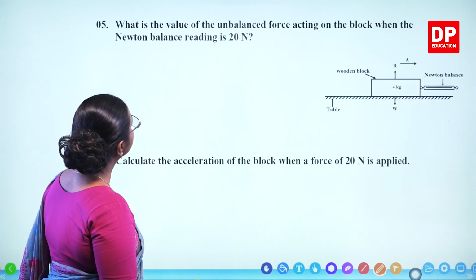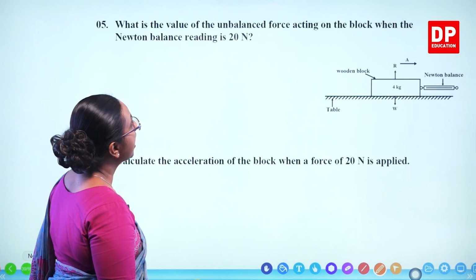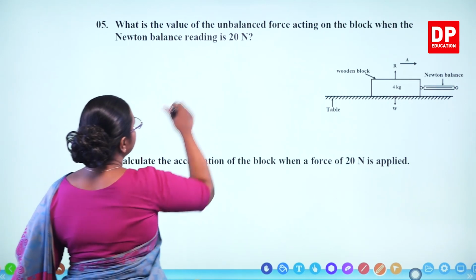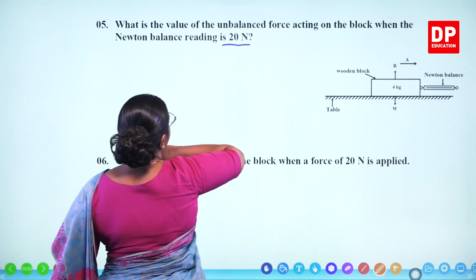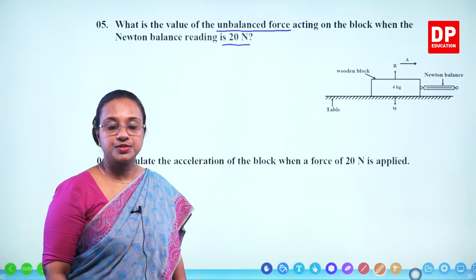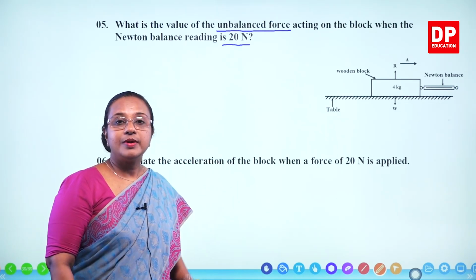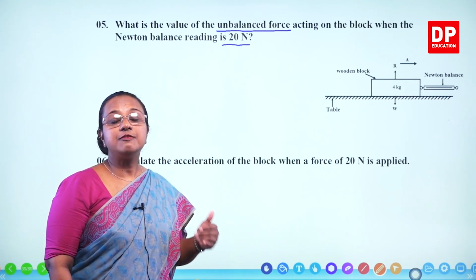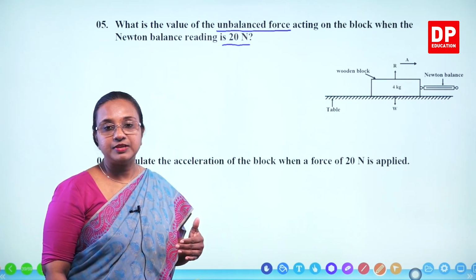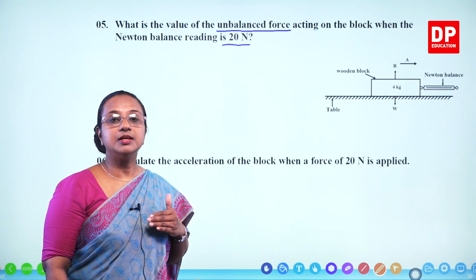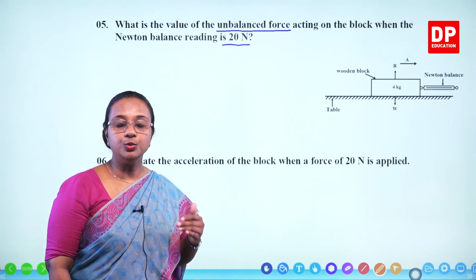What is the value of the unbalanced force acting on the block when the Newton balance reading is 20 Newton? They want us to find the unbalanced force. From the question, you can remember, students, the limiting frictional force is 15 Newton. So after 15 Newton, the block will start to move.